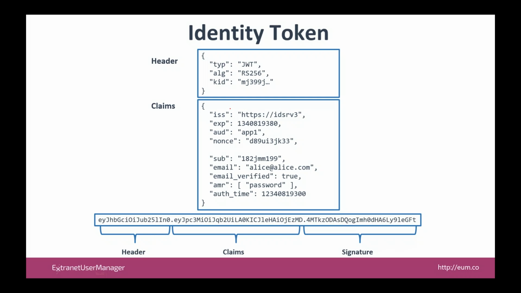And so what this has is, there's this header section that gives metadata about the token, that this is in fact a JSON Web Token. The signature algorithm that we're using to sign the token is an RSA signature using a SHA-256 digest. And the key that was used to do the signature, the identifier of the key, is MJ399J something or other. So this is identifying information, metadata about the token itself.